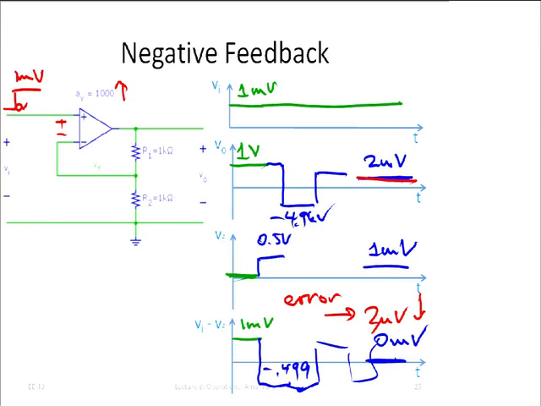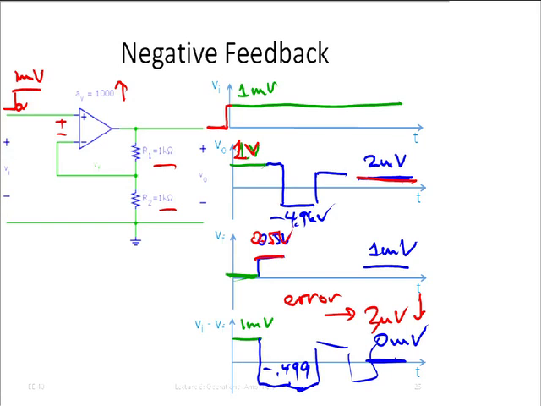And so the output then jumps to 1 volt, and Vf is simply a voltage divider, 2 identical resistors, has a gain of 1/2, so then Vf has to go to 0.5 volts. Okay? So Vi starts from 0 and then jumps to 1.